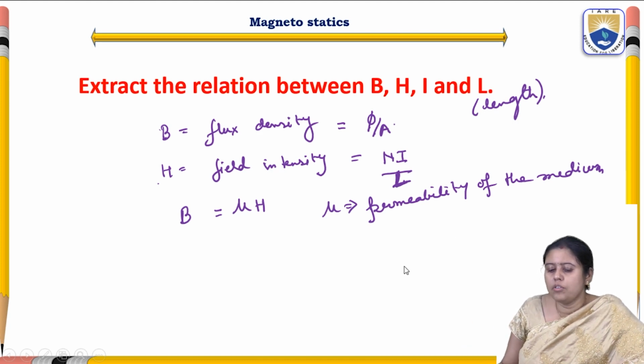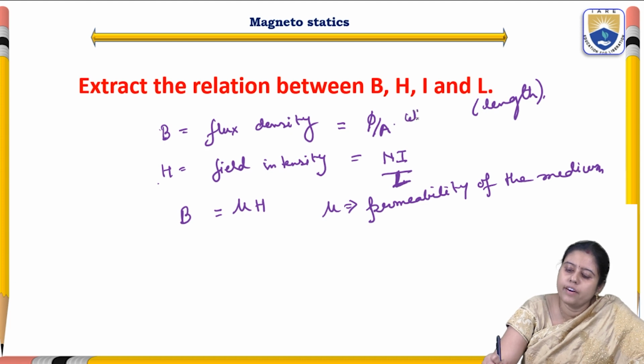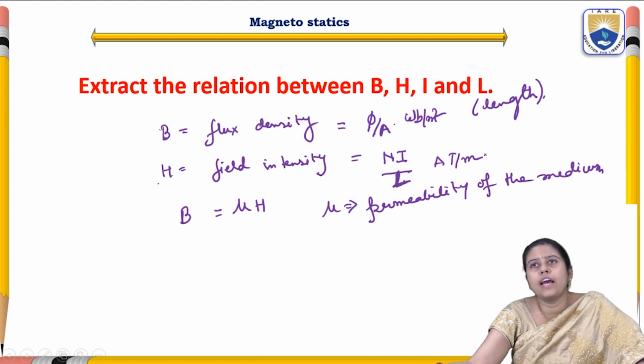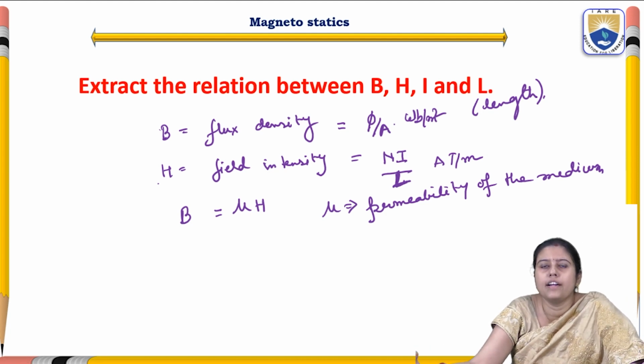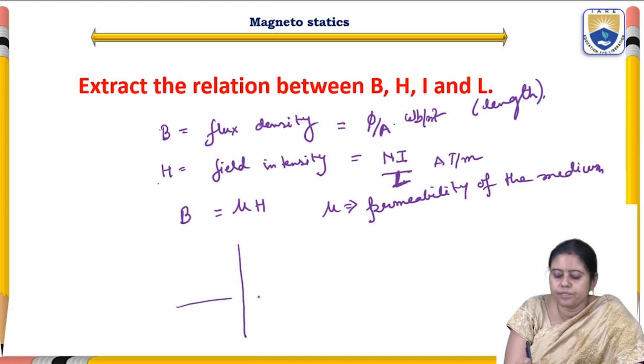So B is equal to mu H. What is the unit of B? Weber per meter square. What is the unit of H? Ampere turn per meter.